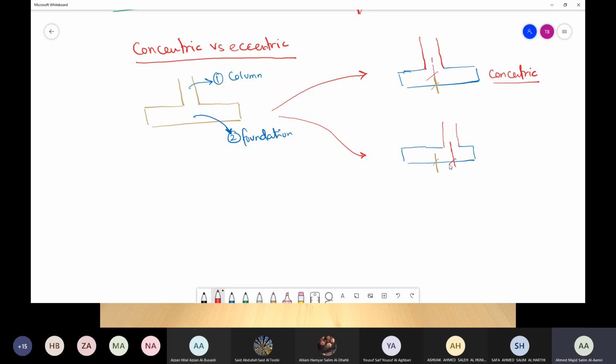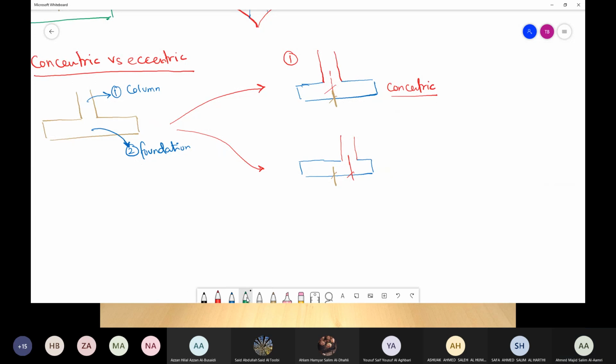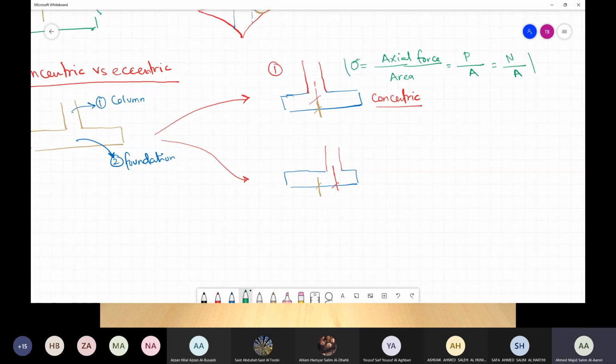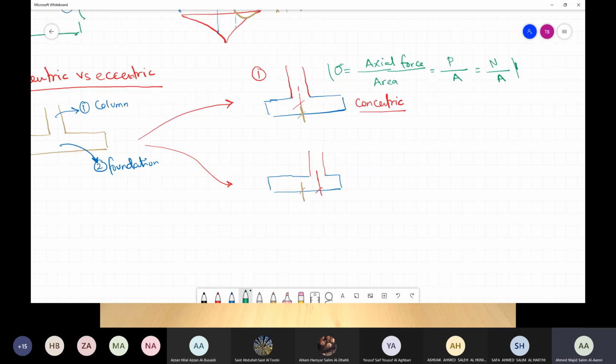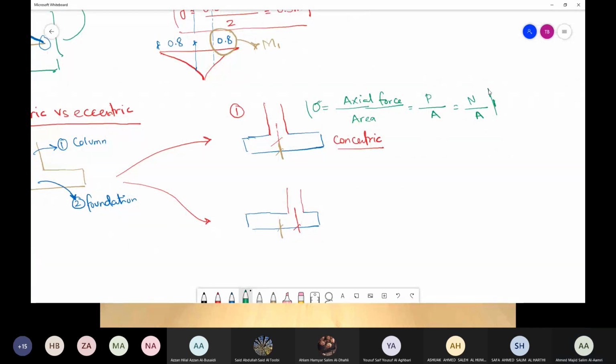Now you can see for scenario number 1, this element is to be designed for axial stresses, which is going to take into account axial force divided by the area of the foundation, which is P over A, or in certain books and references we call it N over A. Both of them are fine, both of them are the same.